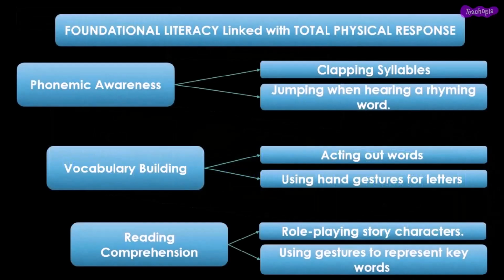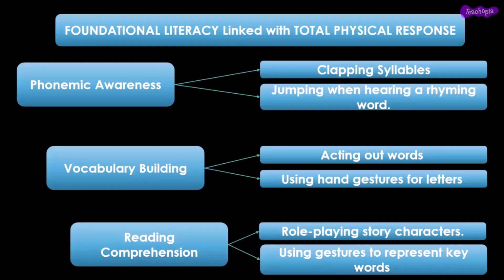Here, we see how foundational literacy is linked with total physical response through three main foundational blocks: phonemic awareness, vocabulary building, and reading comprehension. Further, we see that each foundational block is categorized under various activities.